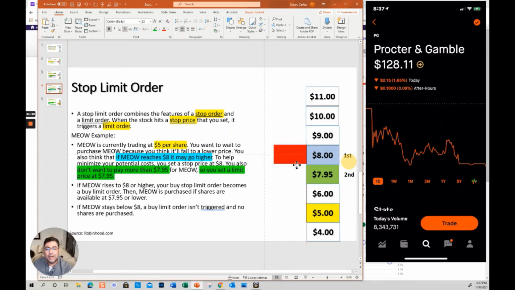You want to buy when it goes down to $7.95, or lower, of course. It triggers right here. At $7.95 it starts, and that's when it becomes a market order, meaning it buys at the price the market is at. So that's basically your stop limit order.